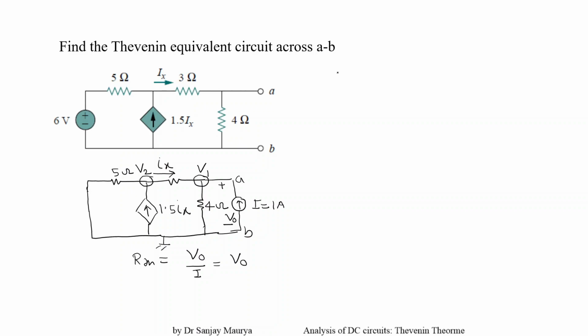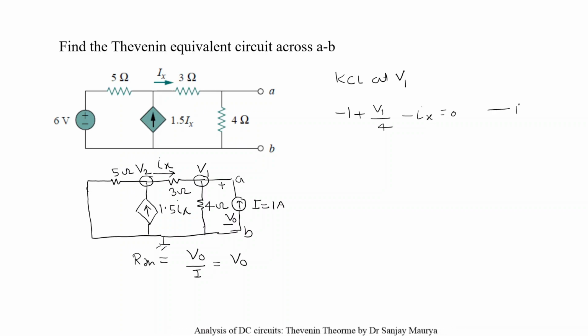Now I'm going to write down the KCL at the V1 node. This 1 ampere current is going inside, so I'll write this one with a minus sign. And current in 4 ohm will be V1 by 4. Current in this 3 ohm: this Ix current is coming inside, so I'm writing this one as Ix is equal to 0.